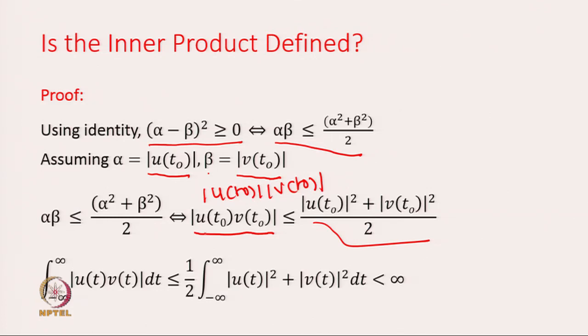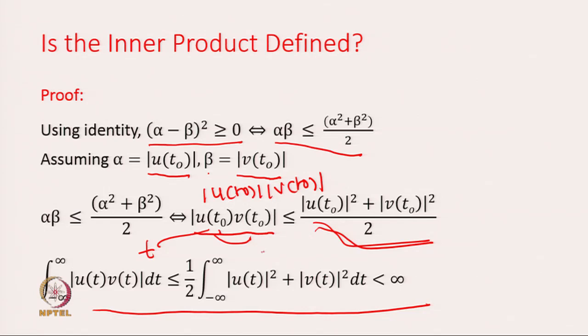So from this I get this, and then I integrate this for all values of t naught. That means t naught is really the t, where t spans from minus infinity to plus infinity. I can get this expression.